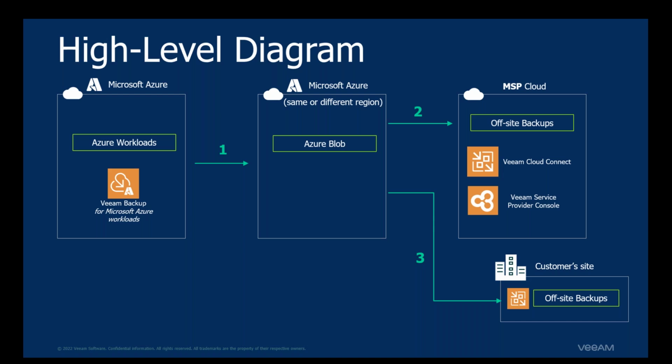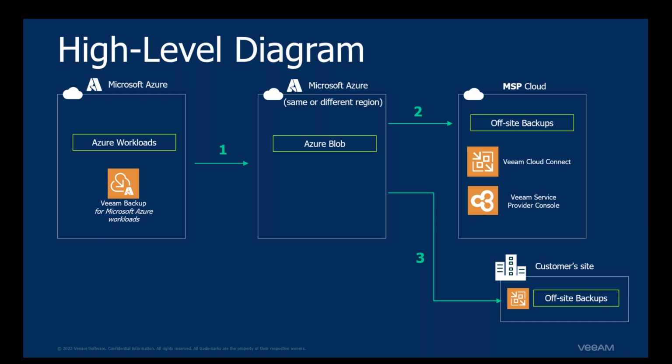Onto the high-level diagram. So say your customer has resources or workloads in Azure. So first of all, you want to back up cloud native Azure object storage. That's the first item there, to Azure Blob or different S3 compatible storages. And then back up these copies.